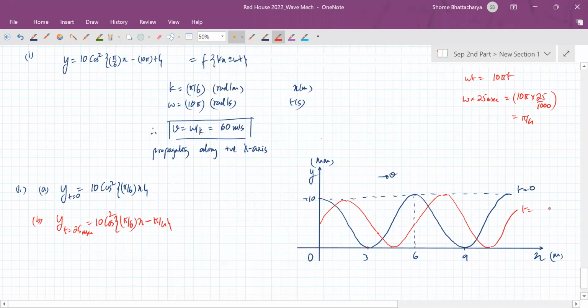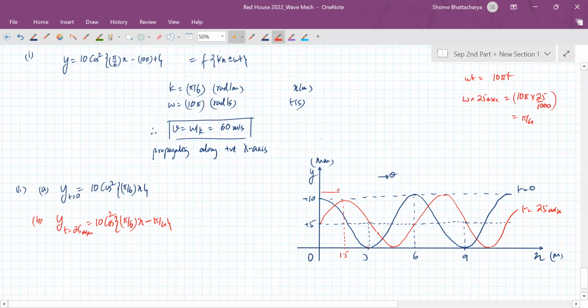This is at 25 milliseconds. Okay. Now we can also see that this peak point would have shifted to 1.5.